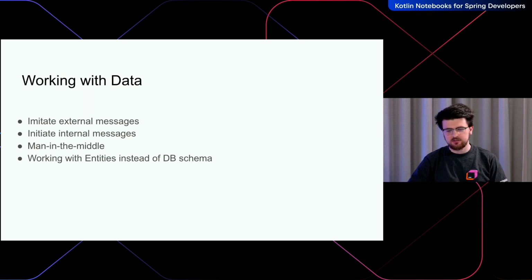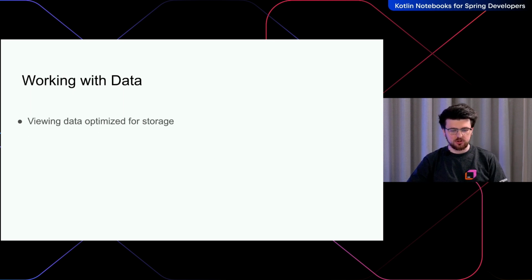To find the line that you need to change, you have to go through like 5 tables, just following the IDs, right? Whereas working with entities is actually much easier, right? Because the entity already handles all of the links for you, and it pulls them all in one place. So from your Kotlin notebooks, you can work with entities that you understand as a human, instead of going into the database and figuring out how things are stored.